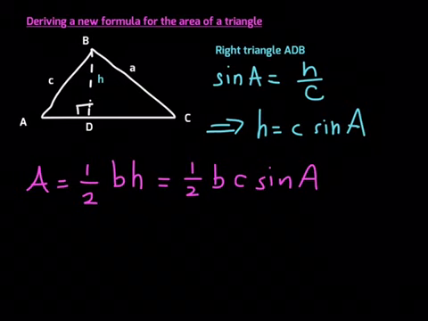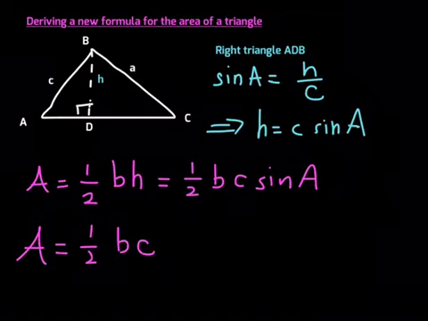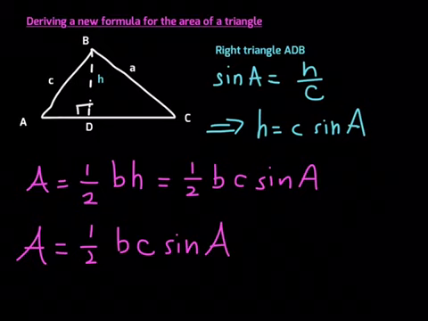And we have that the area of a triangle is 1/2 times the product of sides B and C and sine of the angle that is included within those two sides.